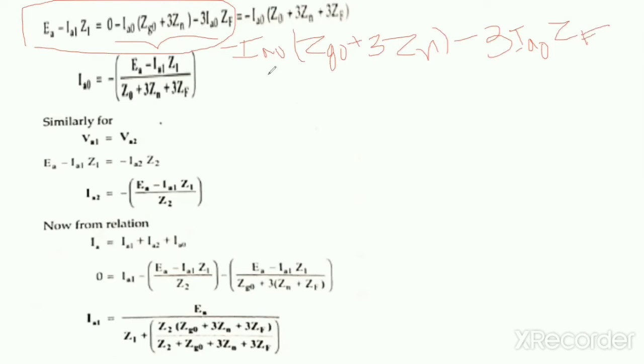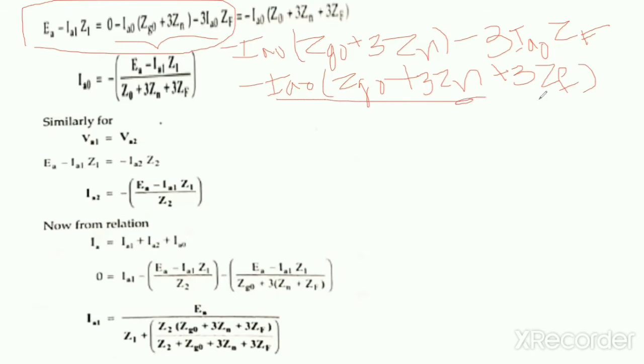In this equation, we take the IA0 term common, with the minus sign. Then we obtain ZG0 plus 3ZN plus 3ZF. Therefore, this can be written in this form.